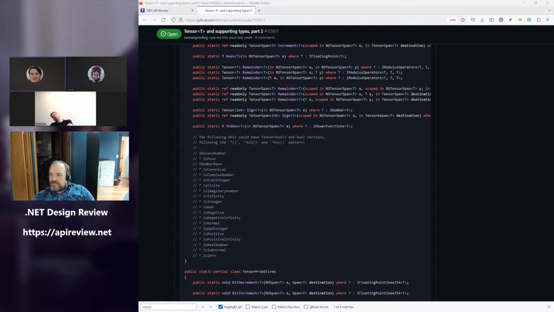The ones suffixed with any and all do the operation per element, but they are allowed to short circuit. For all, it's basically saying are all elements in the input a power of 2, and if any of them are not, it returns false. And any says are any of these a power of 2, and if any of them are true, it returns true.